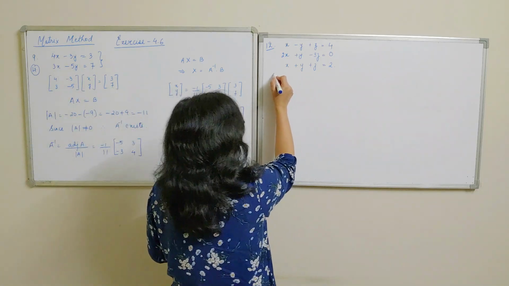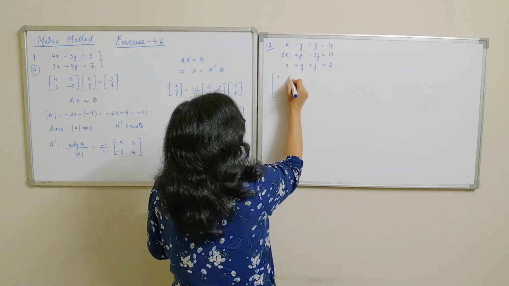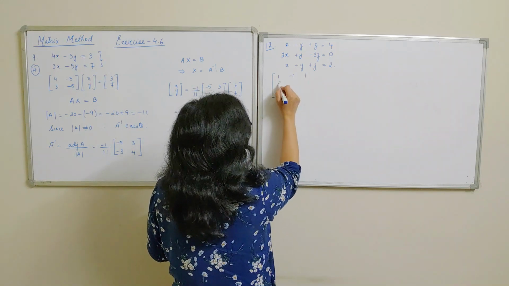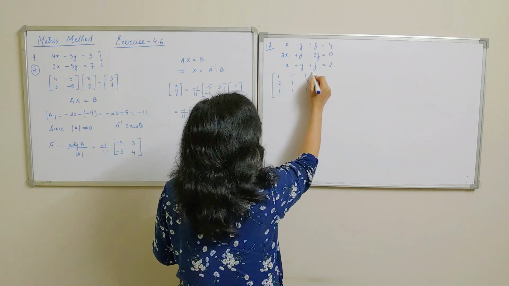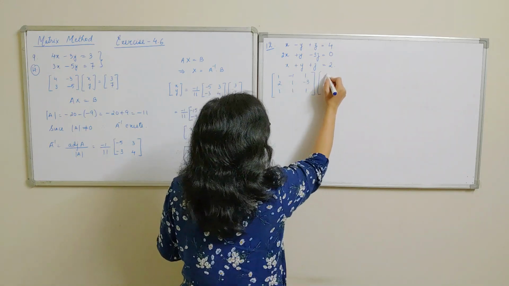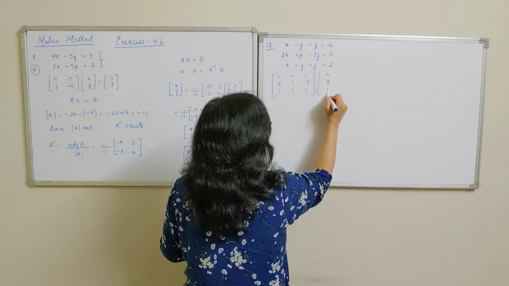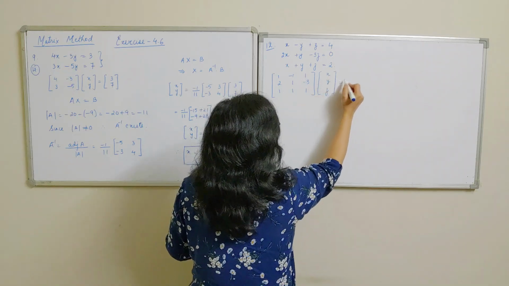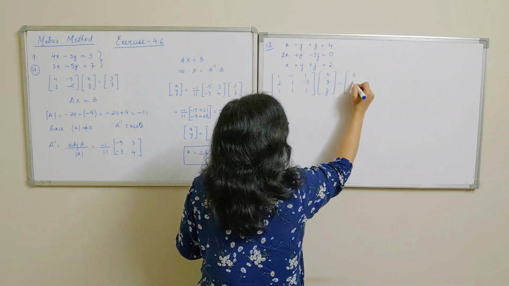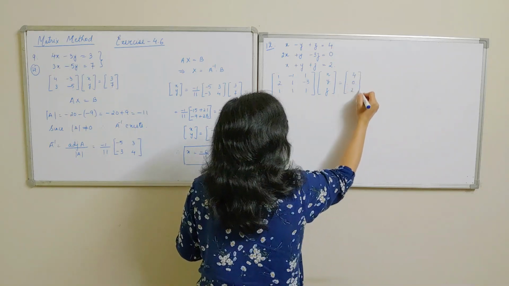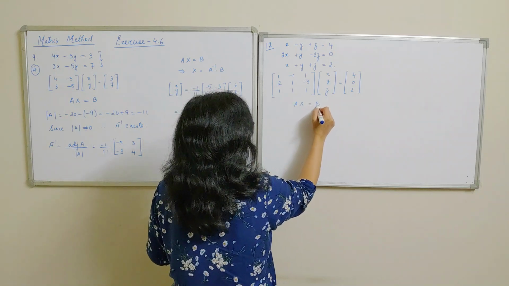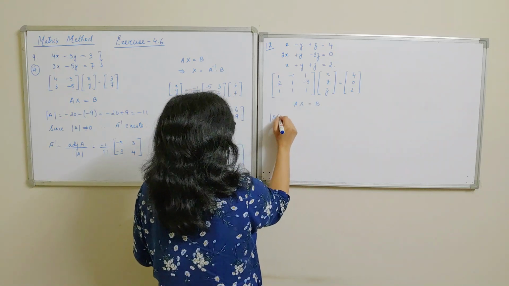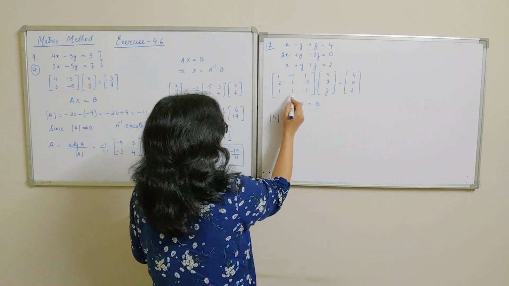Okay, coming back to this question. Coefficients 2, 1, minus 3, 1, 1, 1. Variables x, y, z. And constants 4, 0, 2. So this is AX equal to B. Let's find determinant A. Here again there are 3 ones.